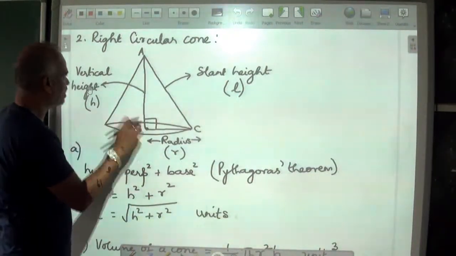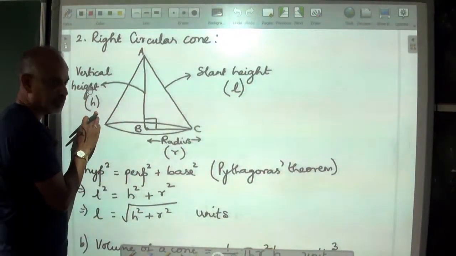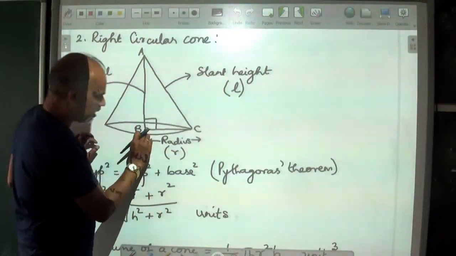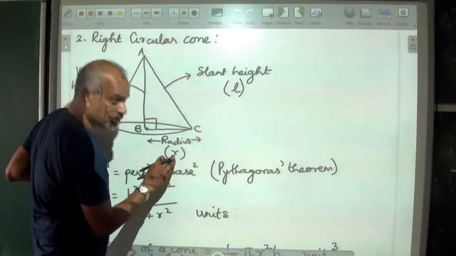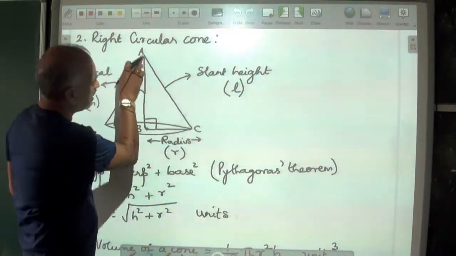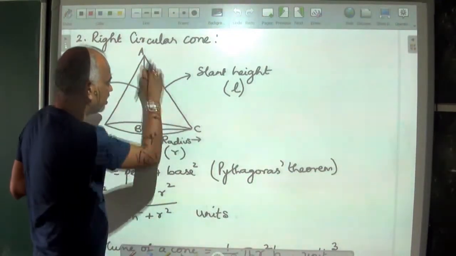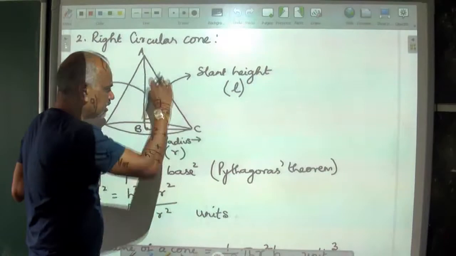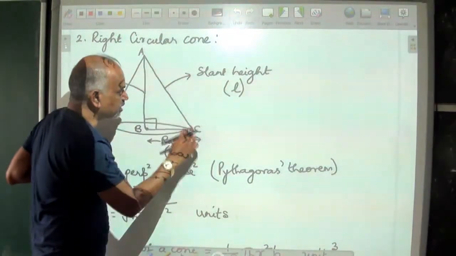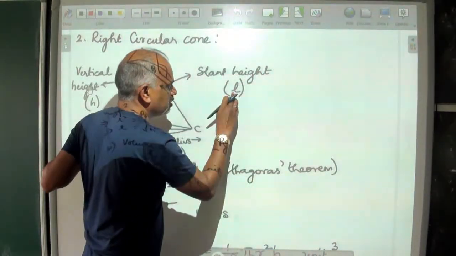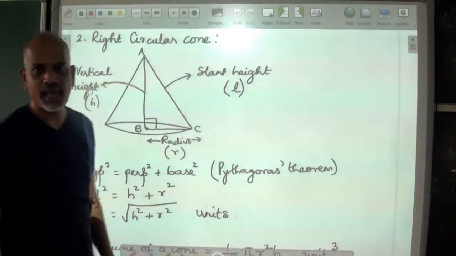This is the radius represented by a small r, and this line, the hypotenuse of this right angle triangle, is called the slant height, which is represented by a small l.